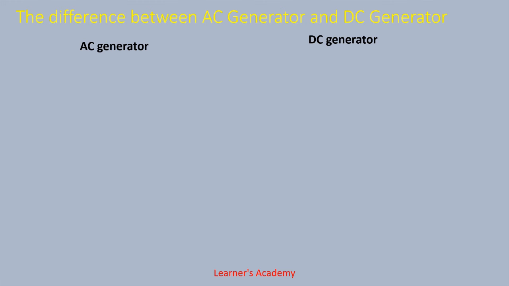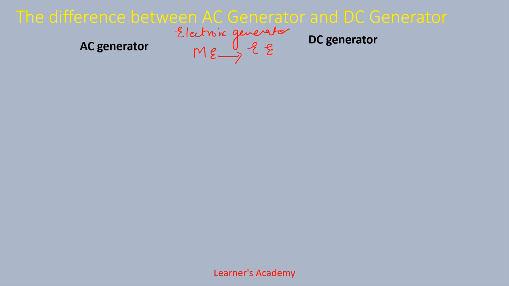Now let's move to the difference between AC generator and DC generator. In the previous slide we differentiated between electric generator and electric motor. In case of electric generator, we know that mechanical energy is converted into electric energy.